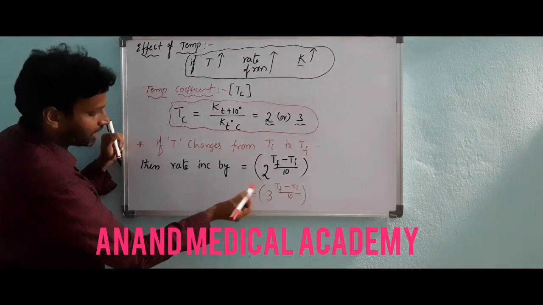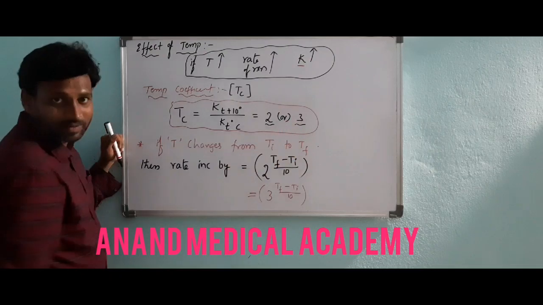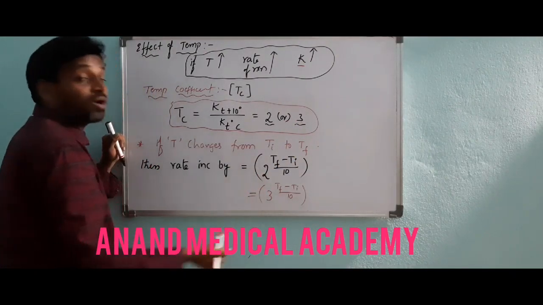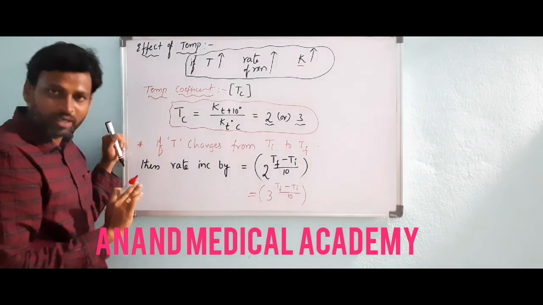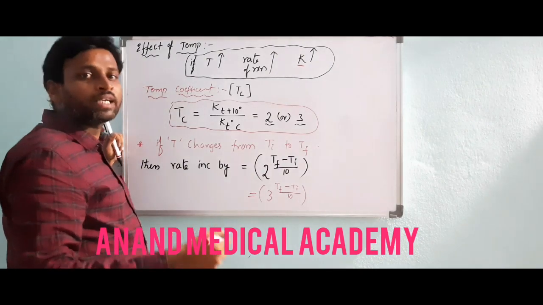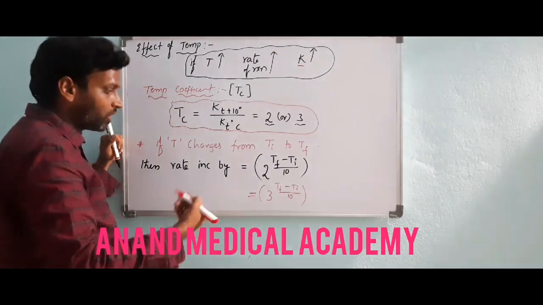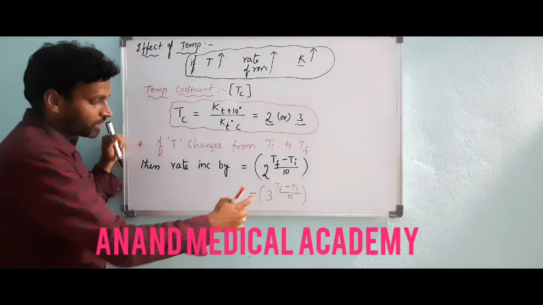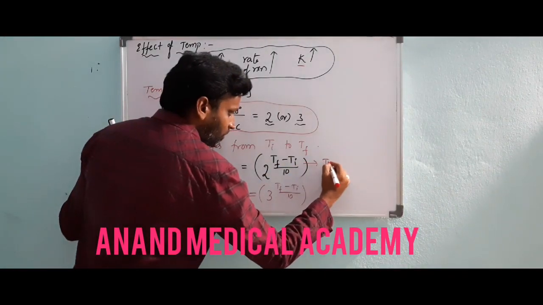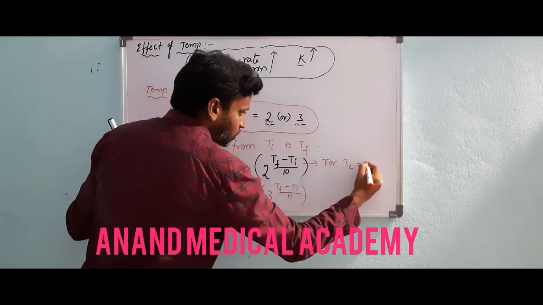Why this 2 and 3 am I taking? Here you have 2 and 3. Sir, how can we come to know whether we have to take 2 or 3? They will provide in the numerical. You have no need to worry. How will they say? If the temperature coefficient is 2, if the temperature coefficient is 3, then you have to use this formula. This is for Tc 2.